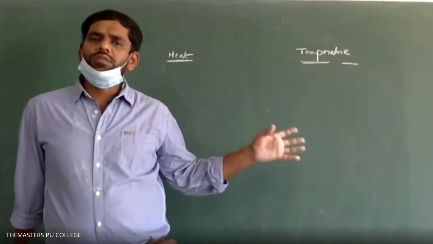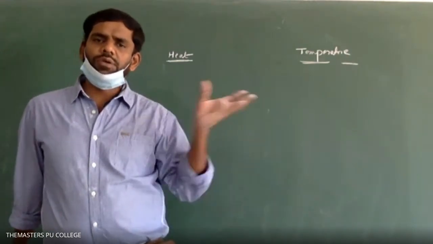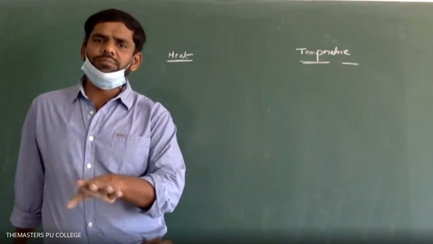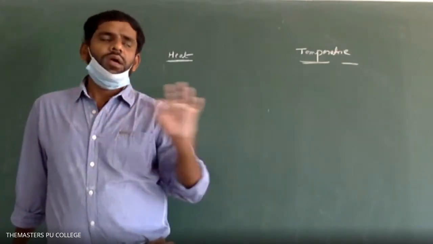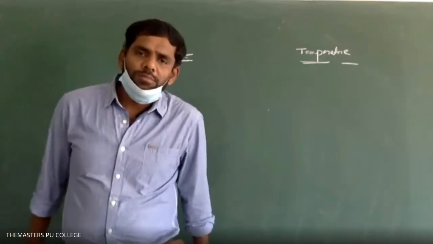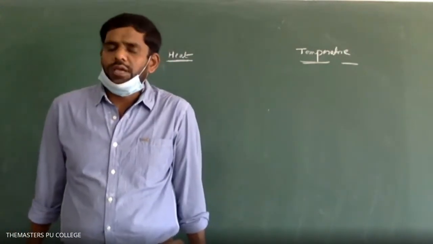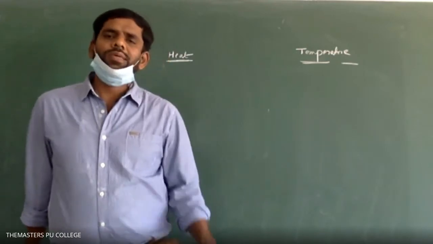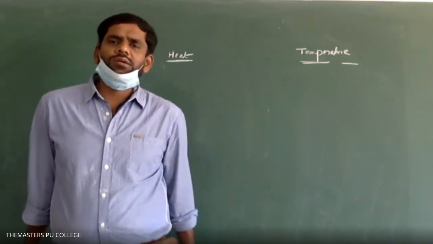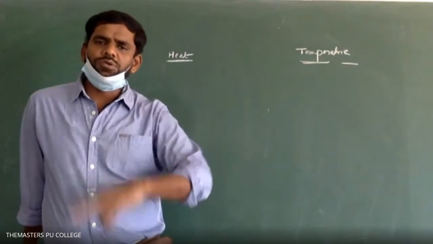The same energy we have given to generate the steam is used to run the train. Similarly, there are thermal power stations, not hydro power stations. There, steam turbines are used. The steam is used to rotate the turbine.